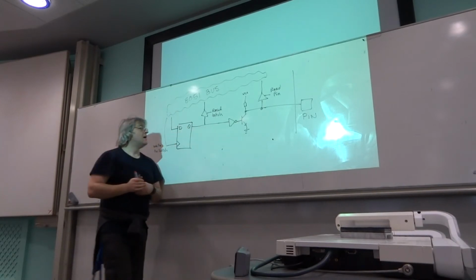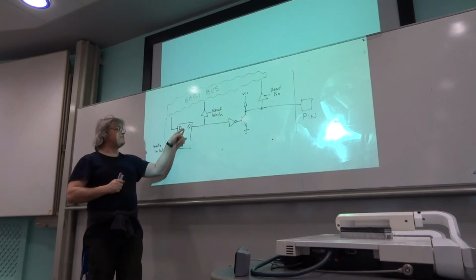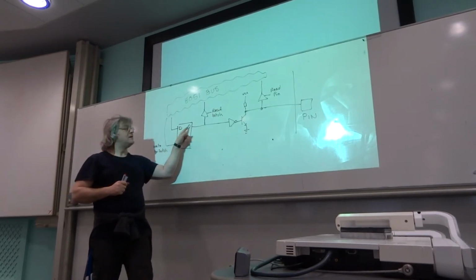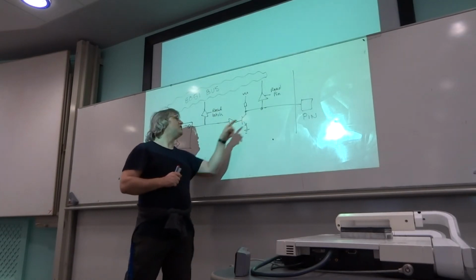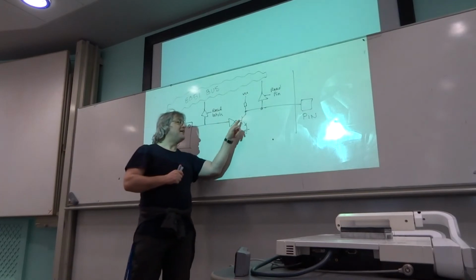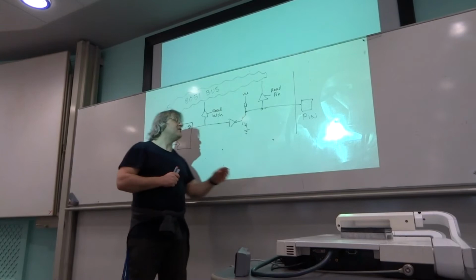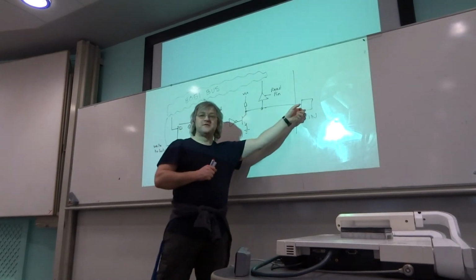And you would achieve that because of the inverter here. So when this goes high, this goes low and this is switched off. When this goes low, this goes high and switches this on, which pulls this low.